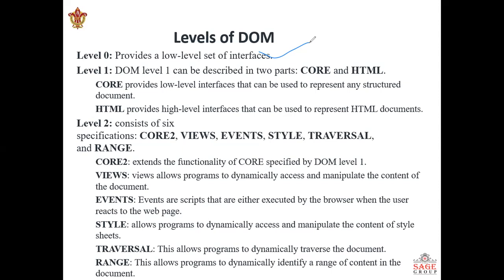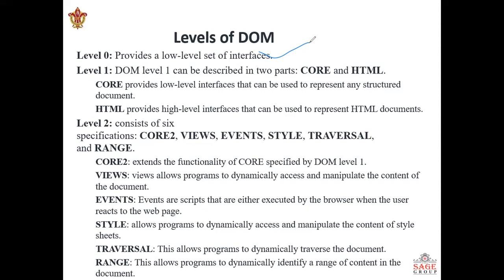A standard API for controlling how documents are rendered via style sheets, validated against a DTD, accessed by given users, and many more will be specified in subsequent revisions of the DOM. DOM level 1 can be described in two parts, core and HTML. Core provides low level interfaces that can be used to represent any structured documents, and HTML provides high level interfaces that can be used to represent HTML documents.